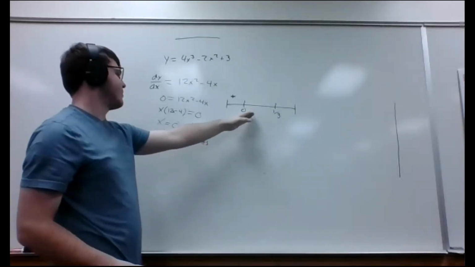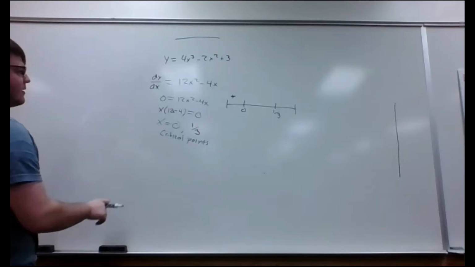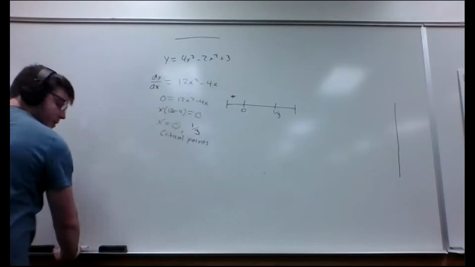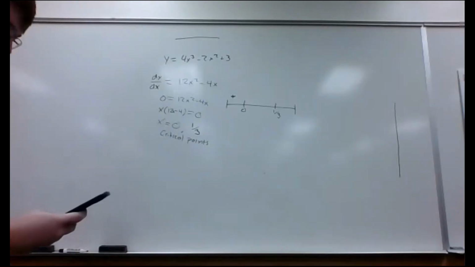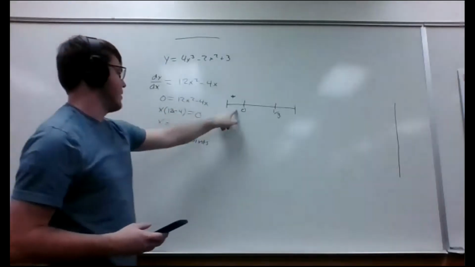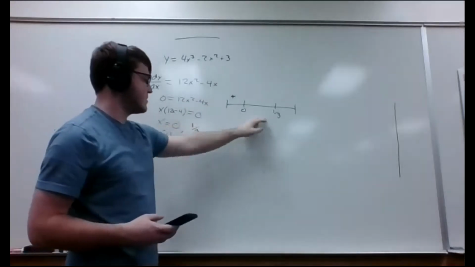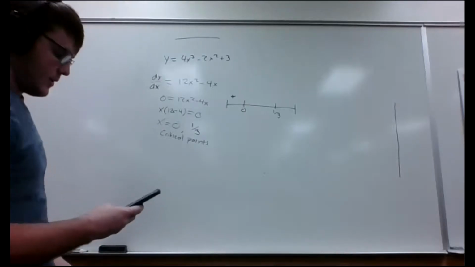Let's choose after, like a half. We're probably going to have to use a calculator. And you plug that into the derivative, right? The first derivative? Yeah. We're plugging it into the first derivative because this is describing how our slope is changing. Okay, cool.